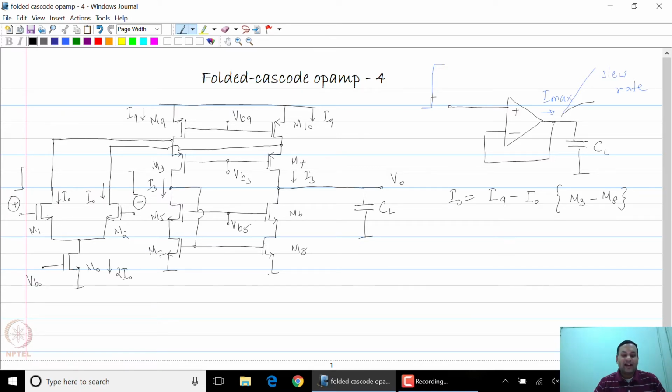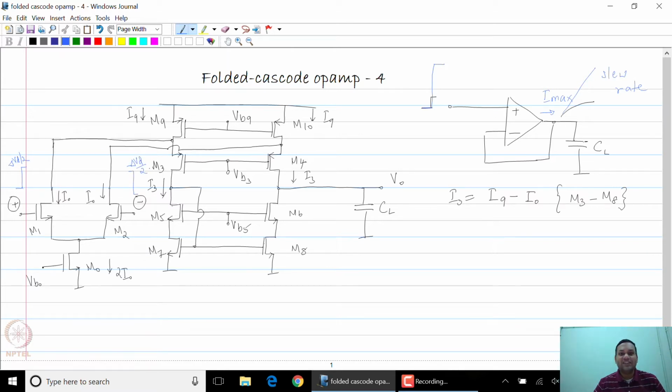Let us assume this is a positive step, so that the gate of M1 goes very high and the gate of M2 is pulled very low, delta VD by 2 and minus delta VD by 2.